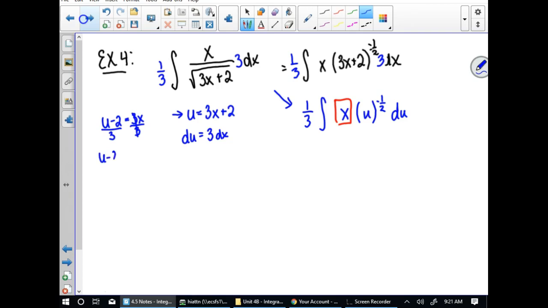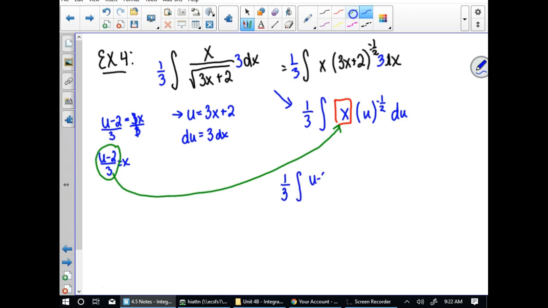So (u minus 2) over 3 is our x. And we're going to take that and plug it in over here. So got 1/3 the integral of (u minus 2) over 3 times u to the negative 1/2 du.